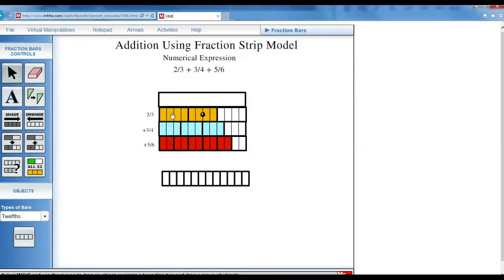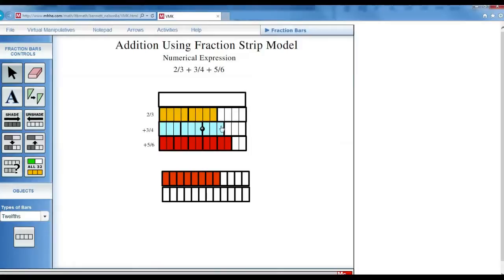And I have 1, 2, 3, 4, 5, 6, 7, 8 sections. 8 sections is the same as 2/3.